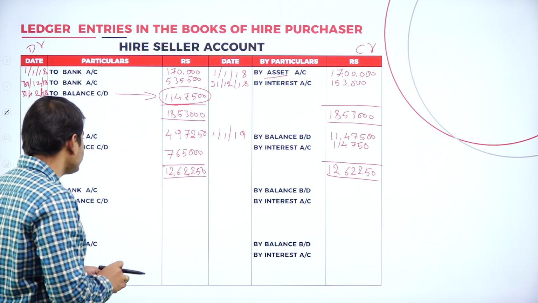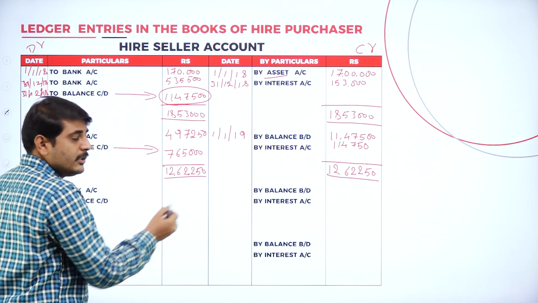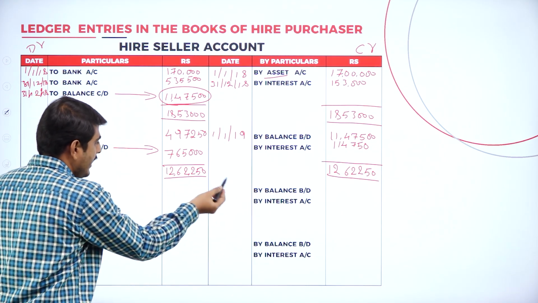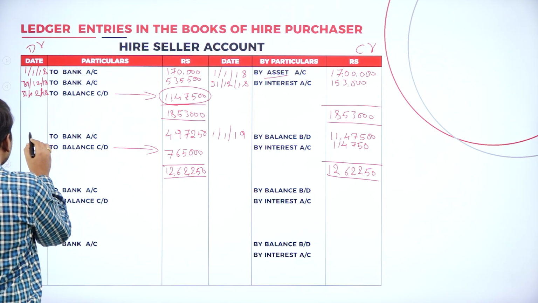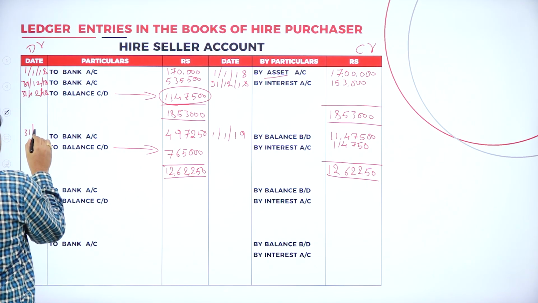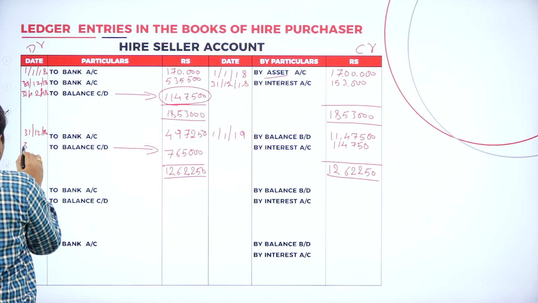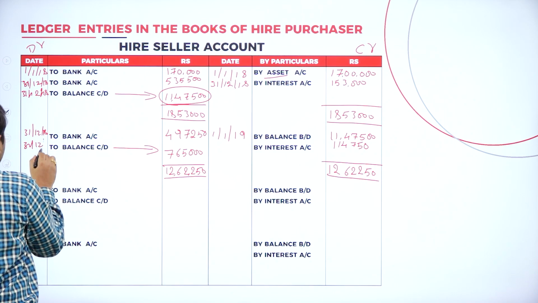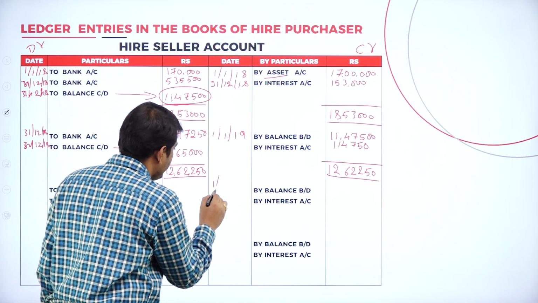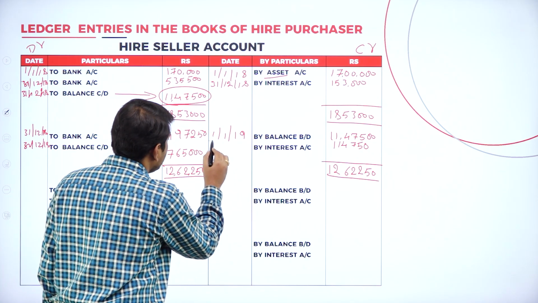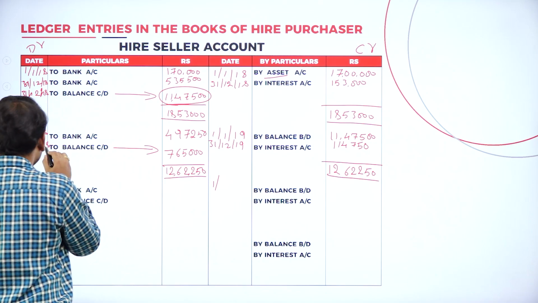Again come to the third year. The same amount will be carried forward to next year. So we have to bring it down. This is the bank account, on which day I am going to make the payment, 31st/12/2018. So here also I am going to transfer this amount on 31st/12/2018. The interest is also calculated on 31st/12/2019.